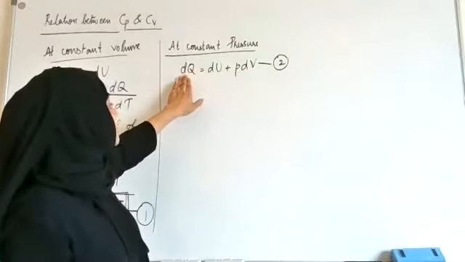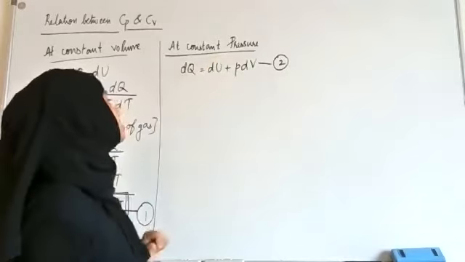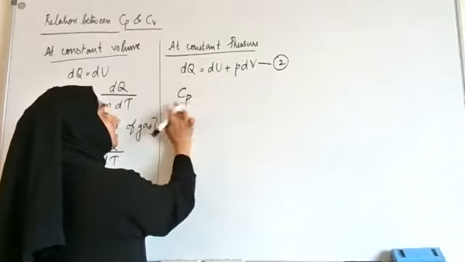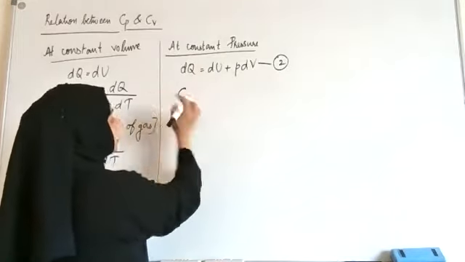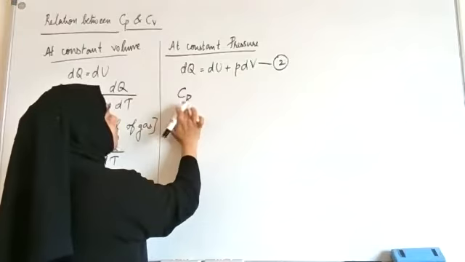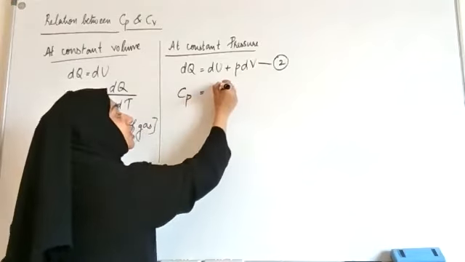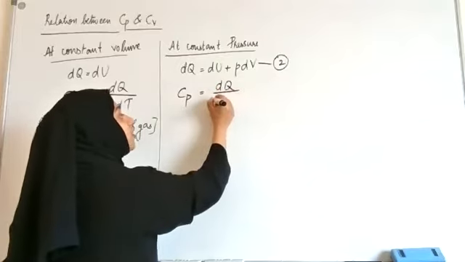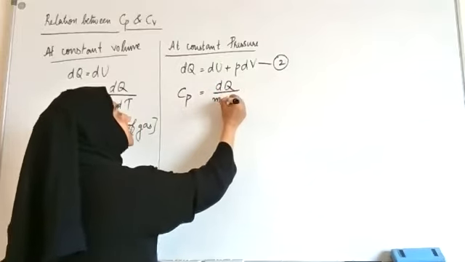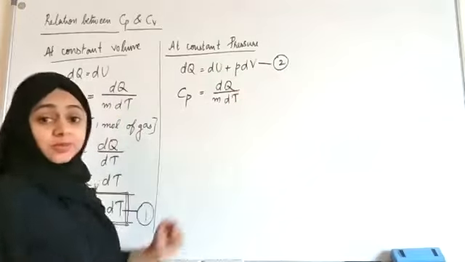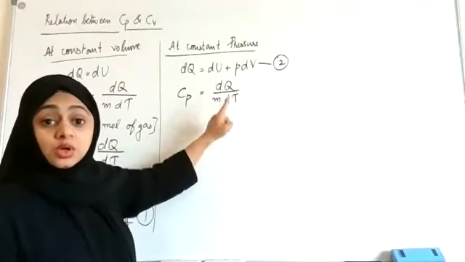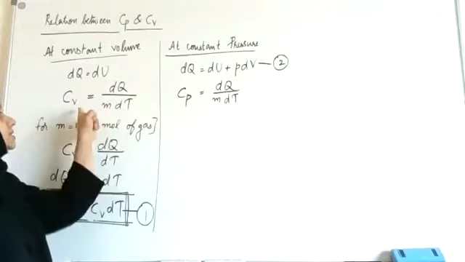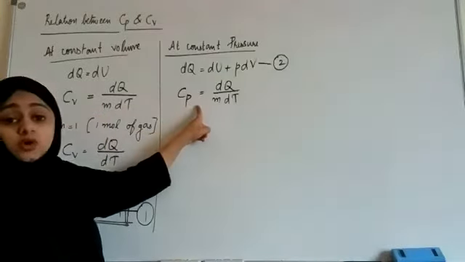For that, let me first consider at constant pressure, the molar specific heat at constant pressure is equal to the amount of heat required to raise the temperature of 1 mole of a substance through 1 Kelvin. So Cp is equal to dq by m dT. The equation looks the same, but this is at constant volume, this is at constant pressure.